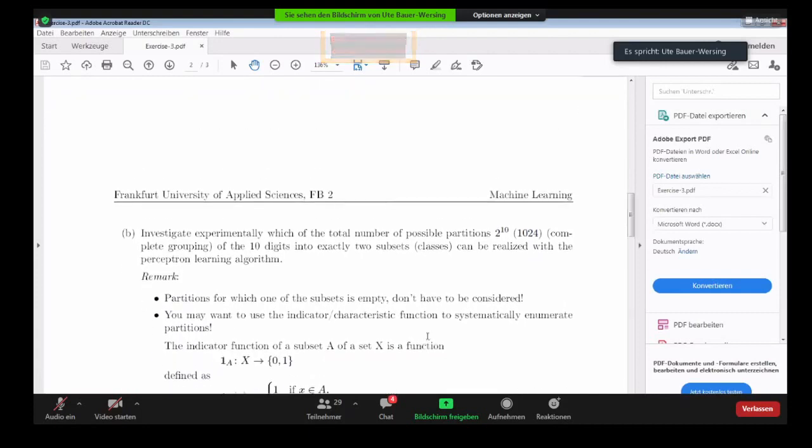Okay, so I gave you some remarks. We talked about how to program it. Who has managed to answer part B? And maybe those of you who have answered this question, for how many of these problems did you come up with a separating hyperplane? So with how many are they linearly separable?